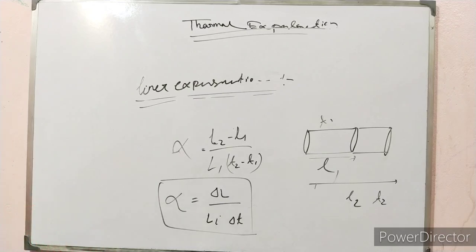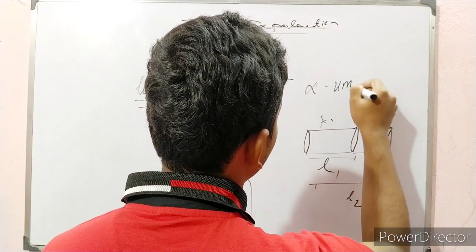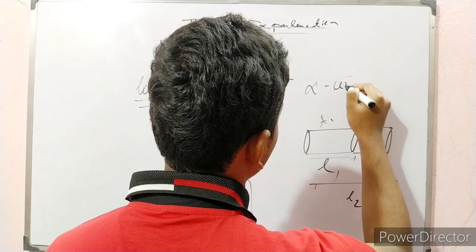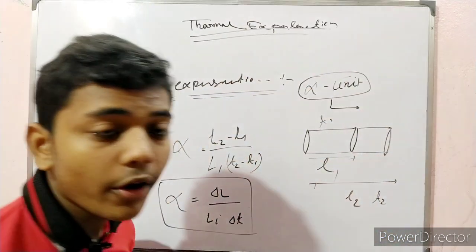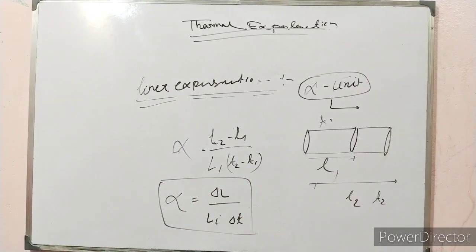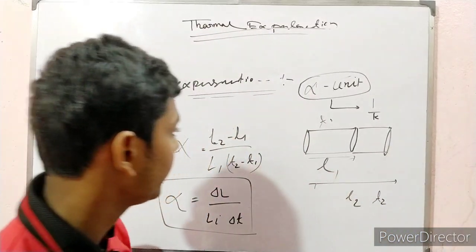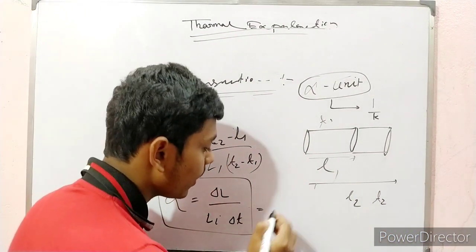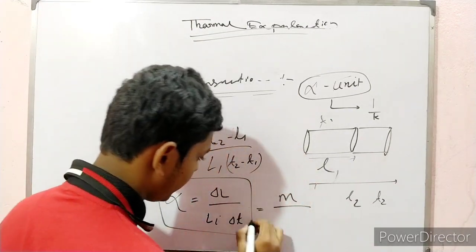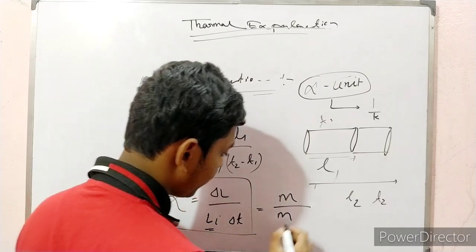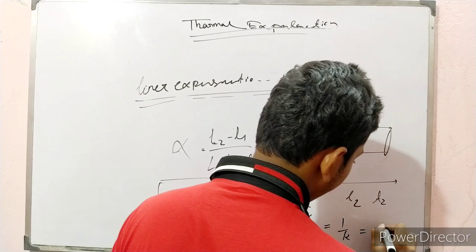Now what is the unit of alpha? The unit of alpha is 1 by K, means 1 by Kelvin. The length unit is meter, and here also the length unit is meter, and this is Kelvin, so that is 1 by K, written as K inverse.